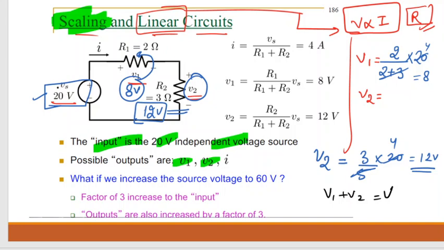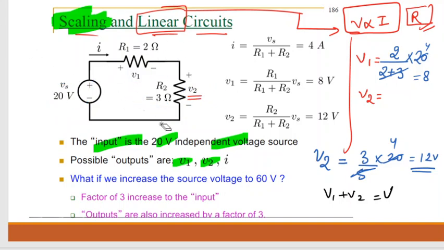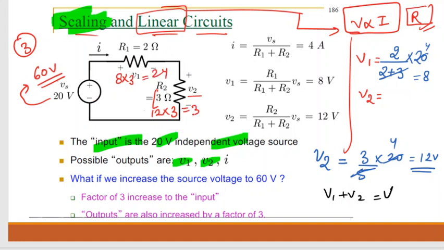And their outputs are increased by a factor of 3. Suppose that instead of 20 volt I gave this voltage as 60 volt. So on the input side I multiplied by 3, yes or no? The output is also multiplied by 3, so it would be 8 into 3 and 12 into 3. You can calculate it, you will get the same answer. 8 times 3 is 24, 12 times 3 is 36.